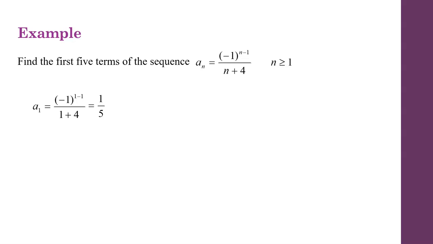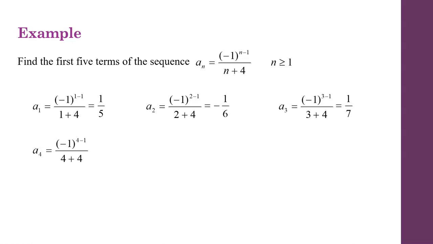Then we'll continue. We're asked to do this for the first 5 terms. So for A sub 2, we replace n with 2. We have (-1)^(2-1) over 2 plus 4. 2 minus 1 is 1, and (-1) to the first power is negative. So we get -1/6. For A sub 3, we have (-1)^(3-1); 3 minus 1 is 2, and (-1) squared is +1, over 3 plus 4, which is 7. So +1/7.